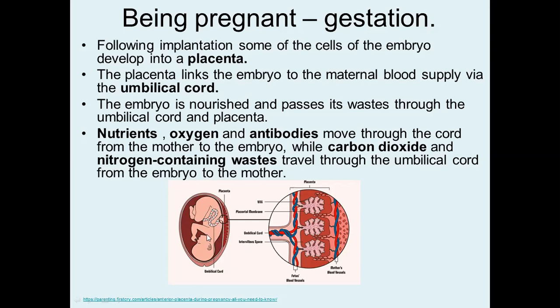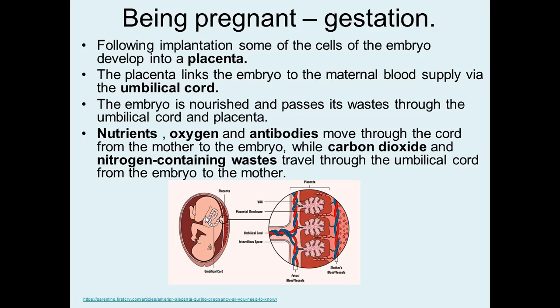Okay, so let's go back down to the drawing. So the umbilical cord connects at one end to the belly button, the navel of the embryo or fetus, and at the other end it connects to the placenta. And there are blood vessels that run from the baby to the placenta through the center of the umbilical cord.